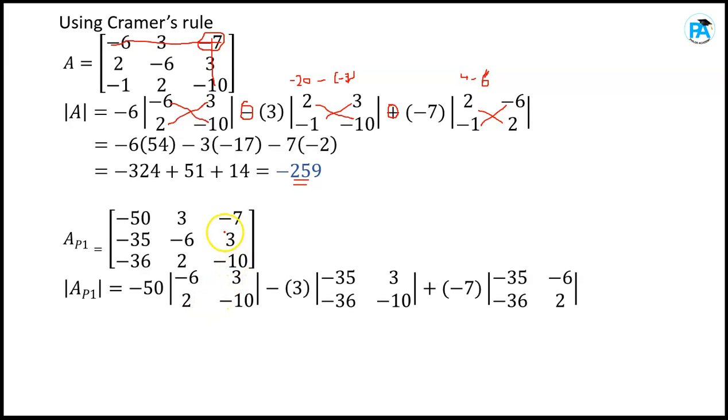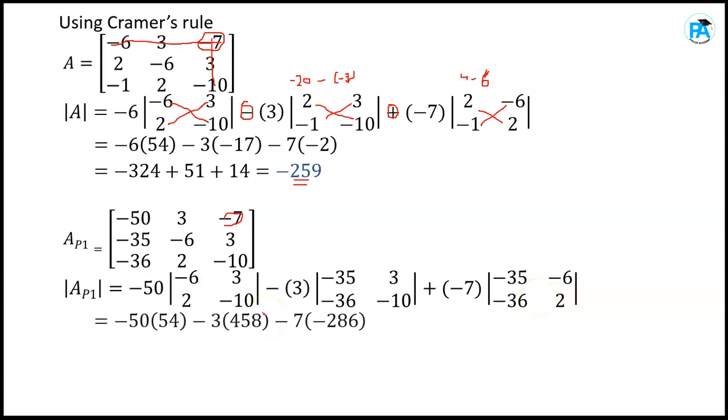So the next value is negative 7, isn't it? So plus negative 7. Are you with me? Plus negative 7. So what will be the minor of negative 7? When you cancel out this and you also cancel out this, the minor will be negative 35, negative 36, negative 2, negative 6, and 2. So that's the minor. I follow.